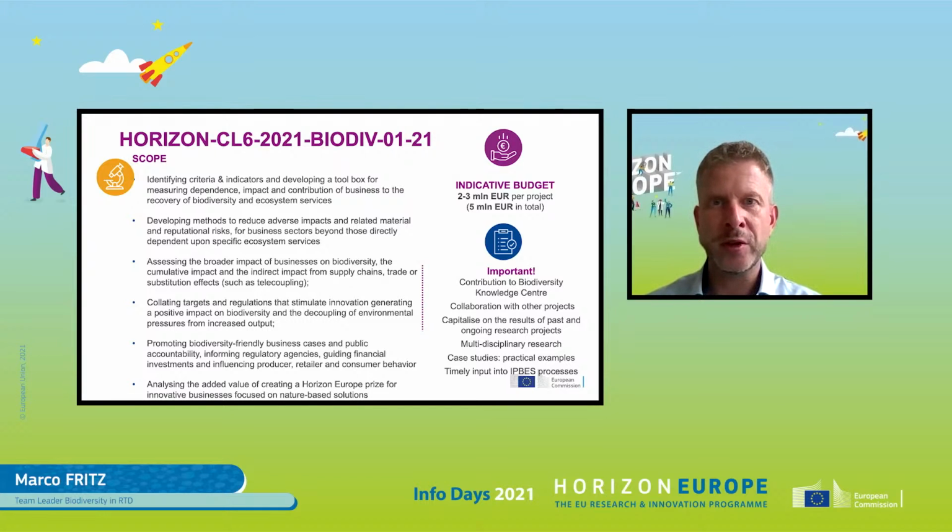Developing methods to reduce adverse impacts and related material and reputational risks for business sectors beyond those who directly depend upon specific ecosystem services. It is about assessing the broader impact of businesses on biodiversity, the cumulative impact and the indirect impact from supply chains, trade or substitution effects, such as telecoupling.